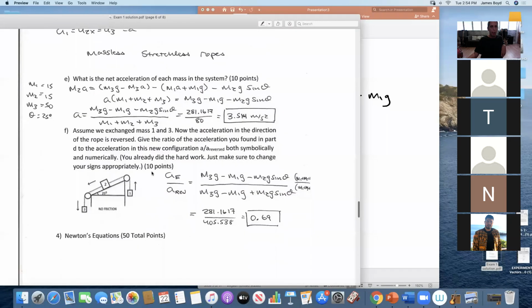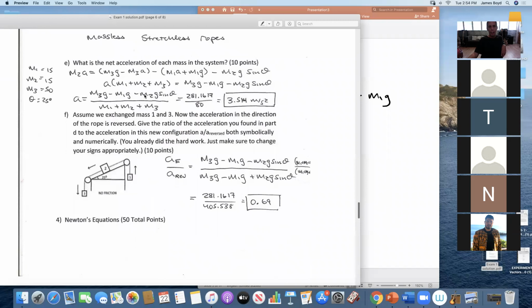All right. So once you've found the net acceleration, once you've given me a number for that, what can we do with that A? Well, what I asked in this problem is, what if we reversed it? What is the ratio of the acceleration if it was reversed?